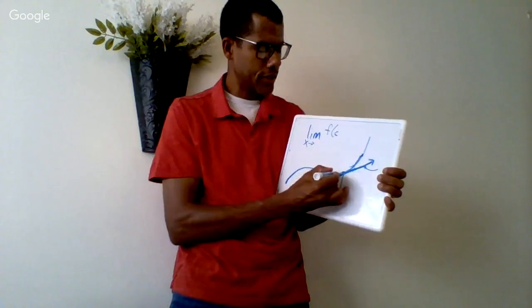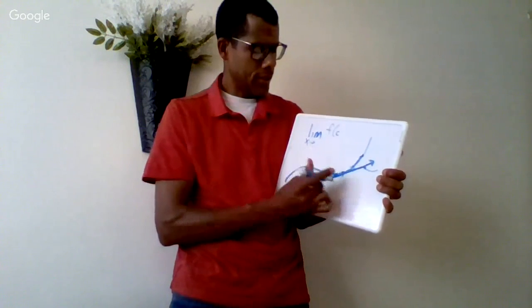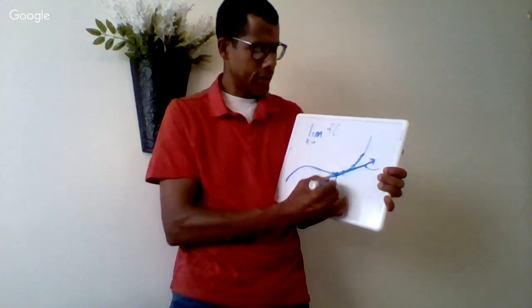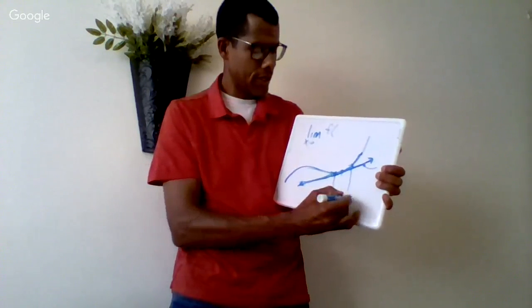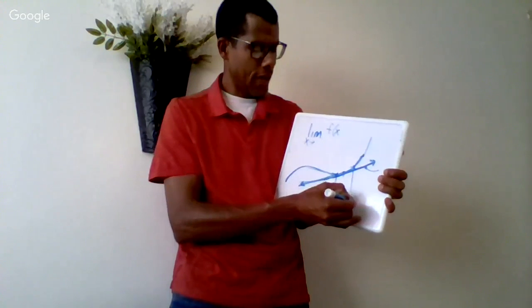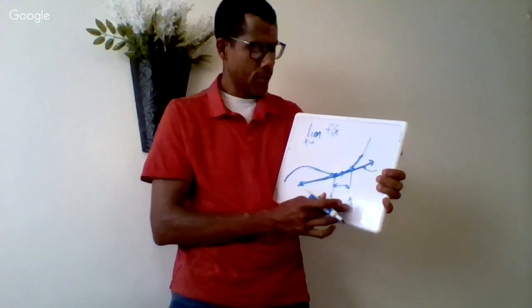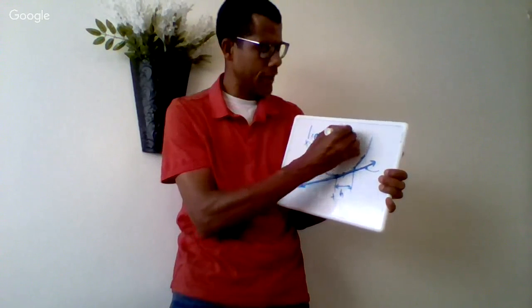Well, basically, let me do this. Let's say that this is x, and this is your x1, this is your x2. So f of x is here. f of x2 would be here. We know this distance is h, and in your book they'll say f of x plus h.